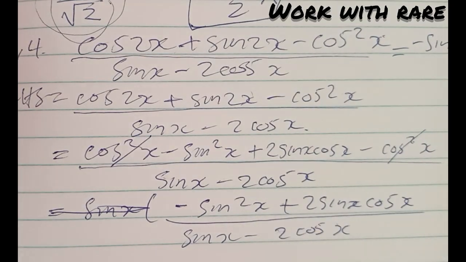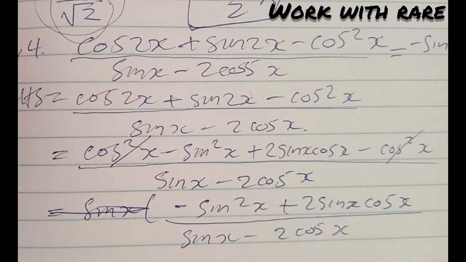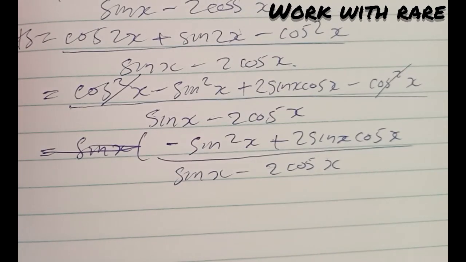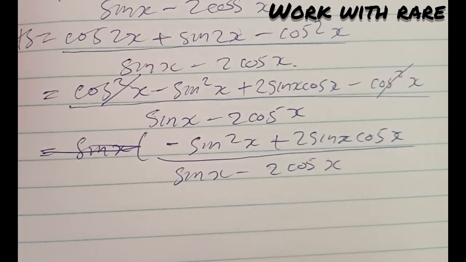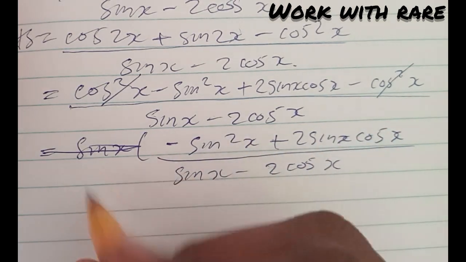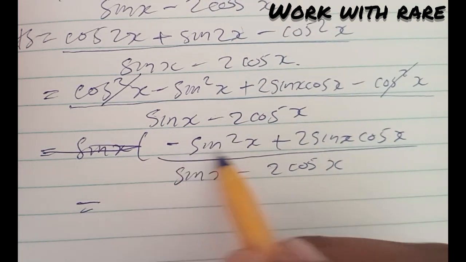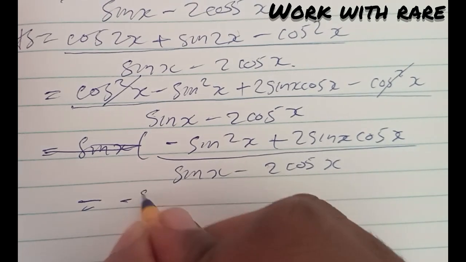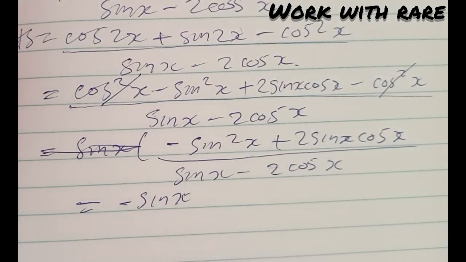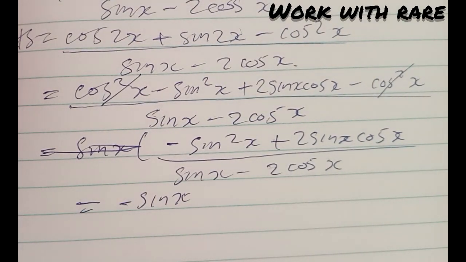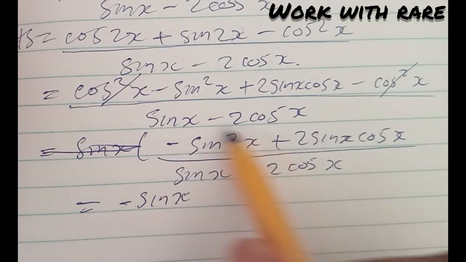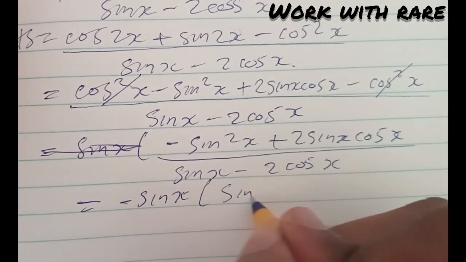Right now I'll have to take out a common factor here, because we have sine x, and here it is negative. So let me take my common factor as minus sine x. Here I had two signs, so here I will have one sign.